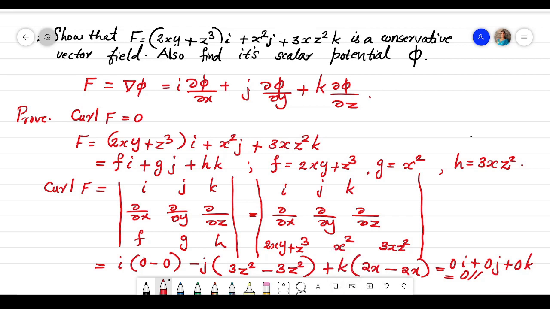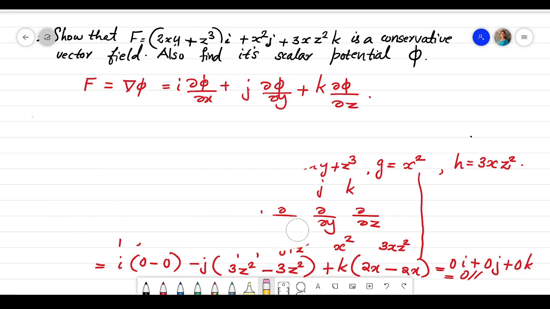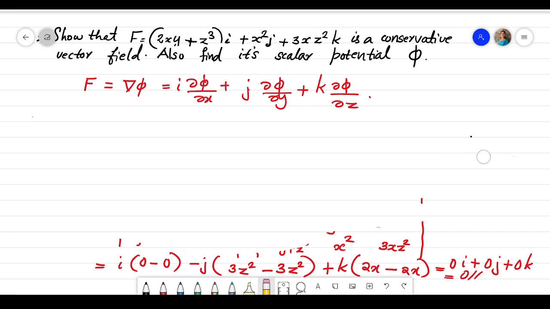Now, curl F equal to 0 means F is a conservative vector field. So, we can conclude that F is a conservative vector field. Now let us use the other definition also here.